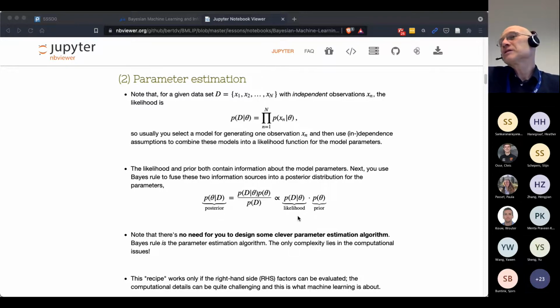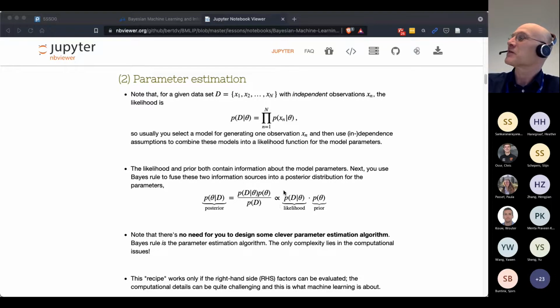But if you're only interested sometimes in, let's say, the maximum of the posterior, then you don't really care if it integrates to 1, right? Also, sometimes rather than computing the evidence, it's a lot easier to just multiply these two.